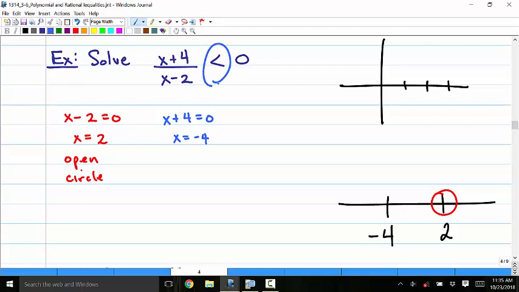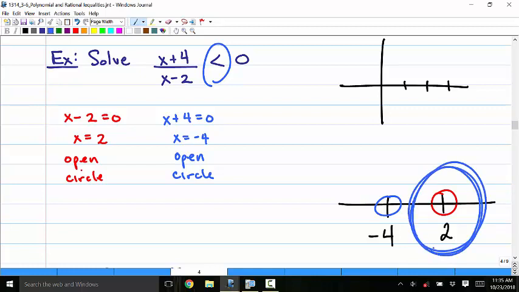There is no equal to, so this one is going to be an open circle as well. See where the open circle came from? The denominator is always an open circle. Values that make the denominator equal to 0 are always going to be open.